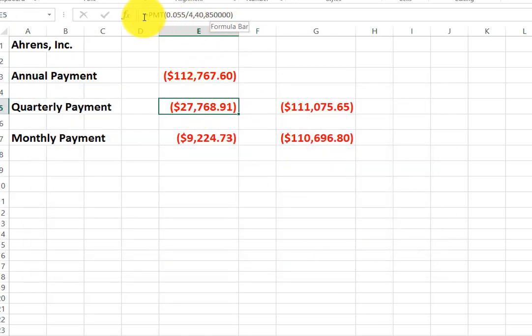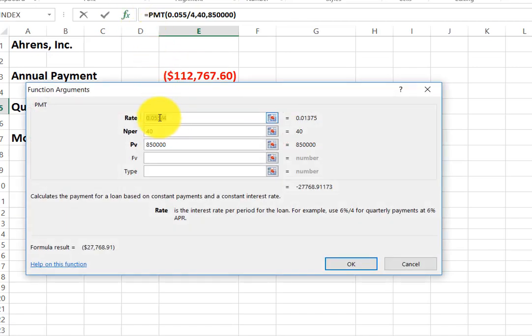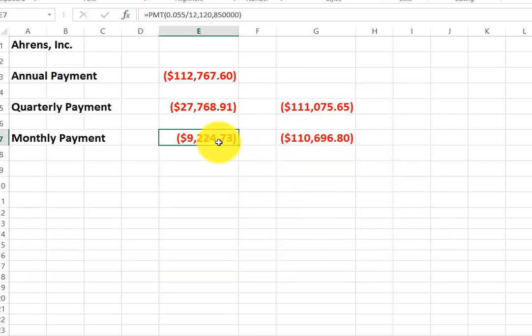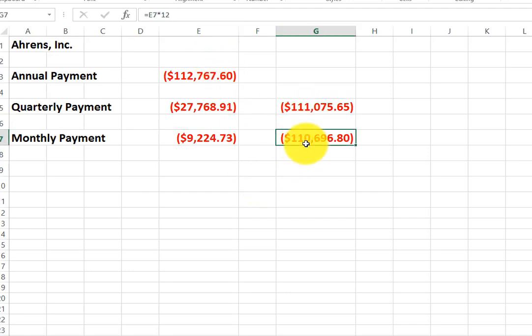Quarterly, notice the difference in our formula, how we do it. We take the 5.5 divided by 4, and we take the number of periods multiplied by 4. Other than that, it's the same. And then monthly, you're going all the way to 120 payments, and you're dividing the interest rate by 12. And just for kicks, we look at what it would be if you took that times 4.